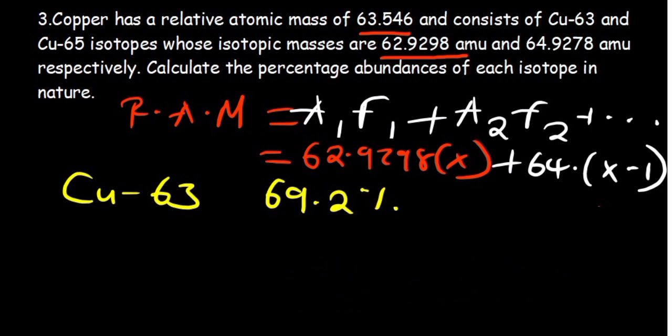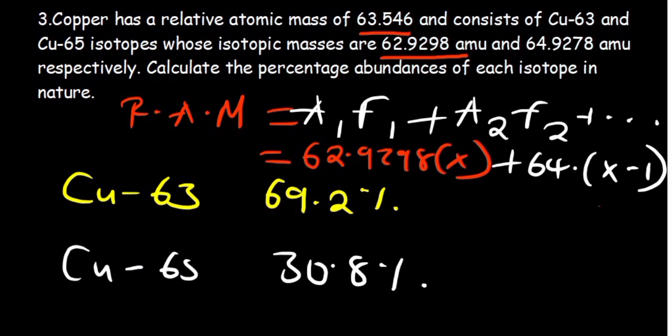We have a percentage abundance for copper 65 of 30.8%. So that's how you do your calculations with the issue of percentage abundance of the isotopes. So the same formula applies whether they ask you to determine the percentage or they ask you to determine the relative atomic mass itself.